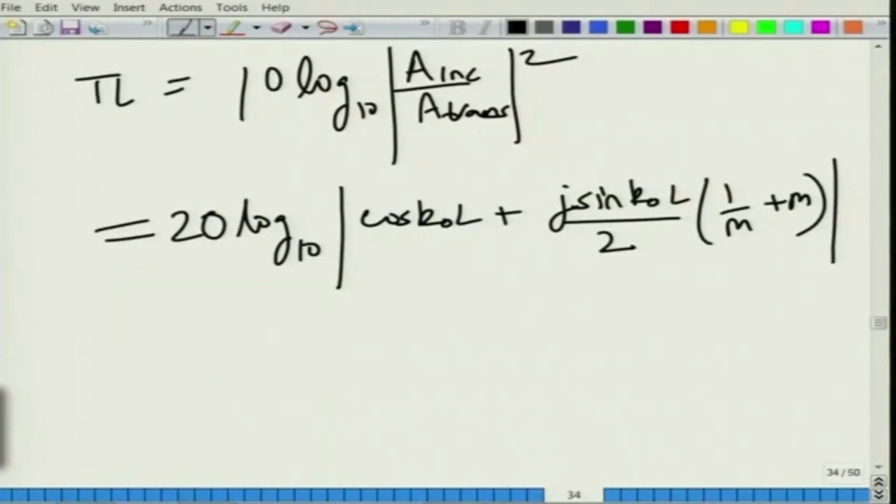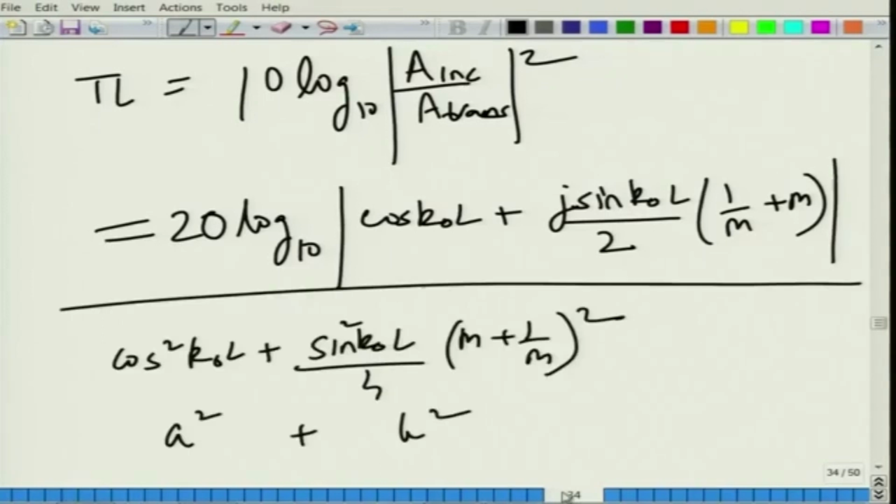So, we could possibly simplify the terms. Let us do the simplification. We immediately recognize that this is of the form z equal to a plus jb. What is the magnitude of z equal to a plus jb?